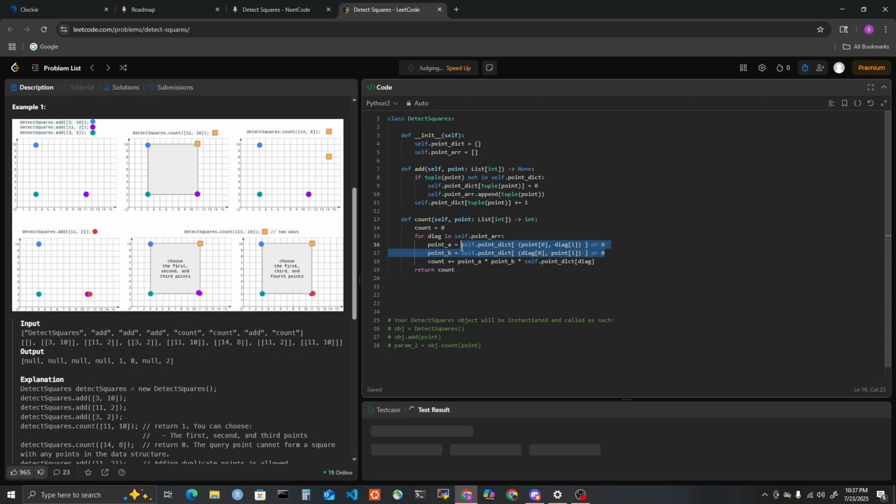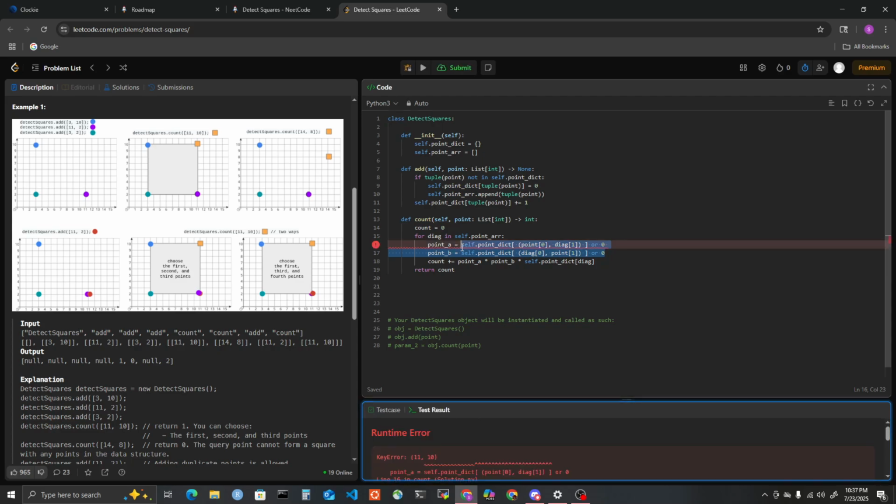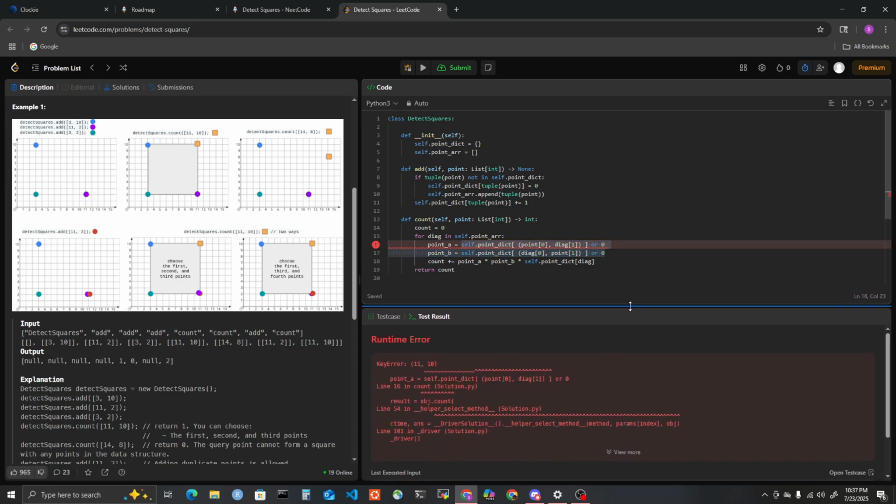Infinite runtime. Not really good. I'm guessing it is because of the OR. It's not really giving me a valid kind of thing.